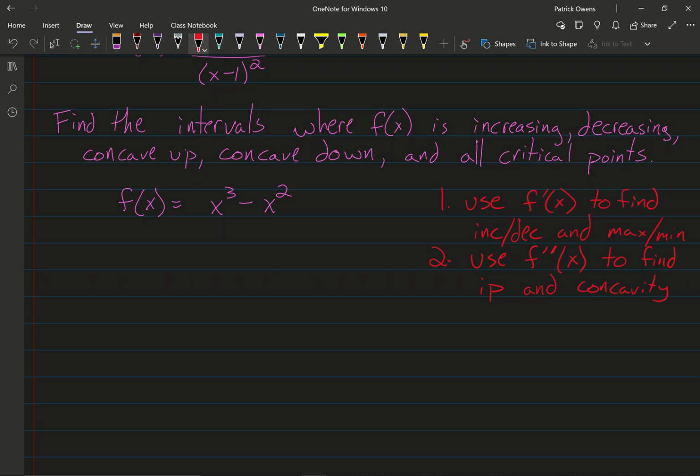First thing, let's find our first derivative. F prime of x is equal to the limit as delta x approaches 0 of f of x plus delta x minus, well, we still have the rest of this, and then minus f of x, all divided by delta x.